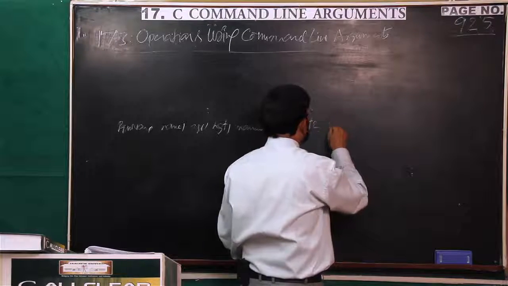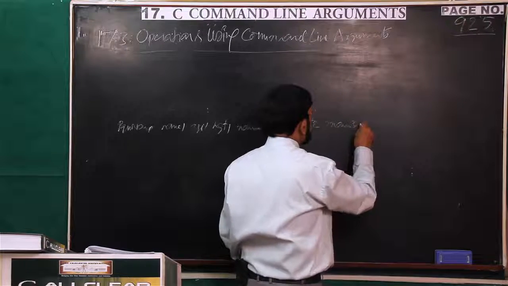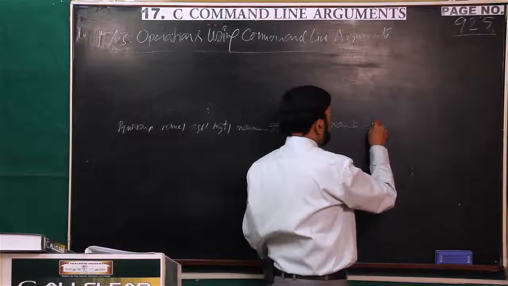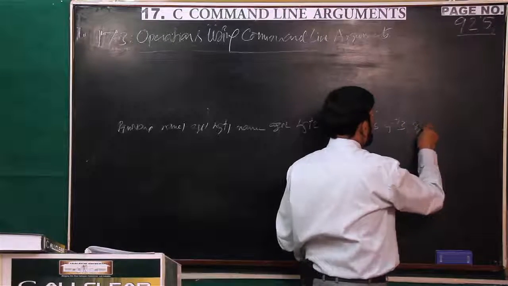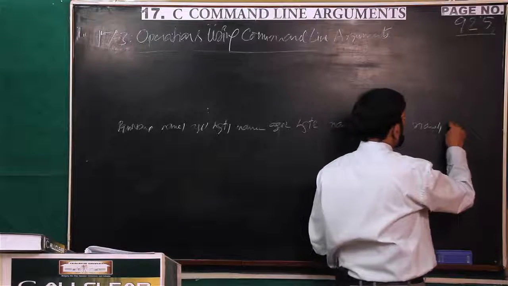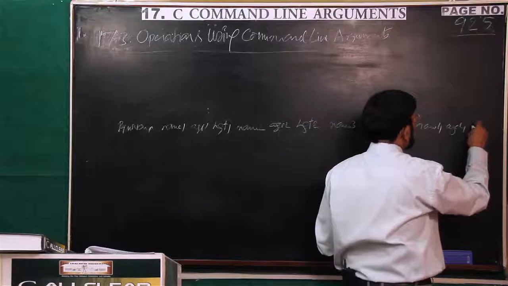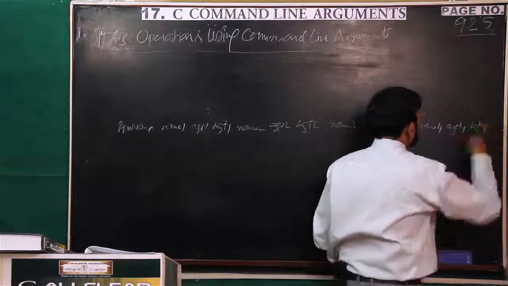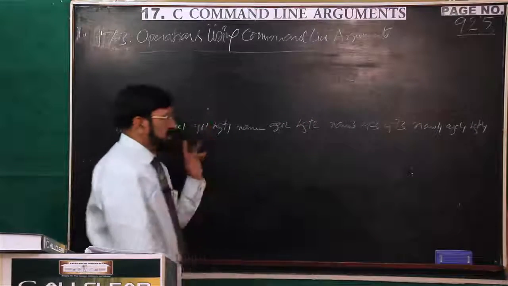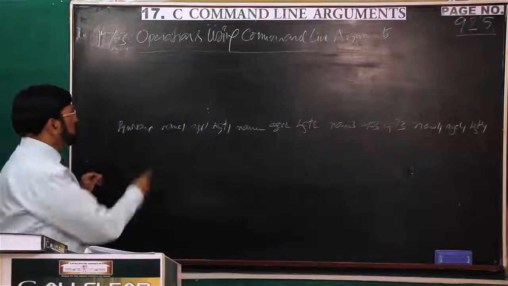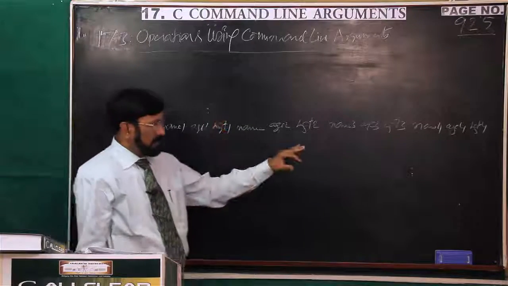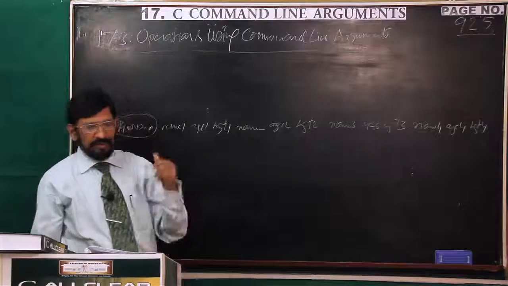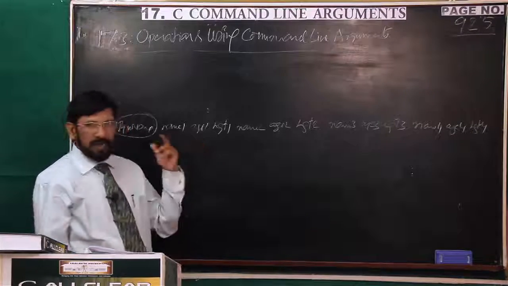Next, name 3, age 3, height 3. Name 4, age 4, height 4. So this is the structure, totally 10 arguments. We don't require the first one. The remaining arguments we are writing in this table, and then converting.